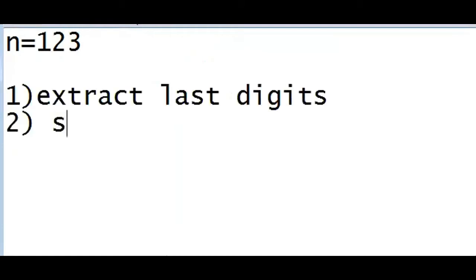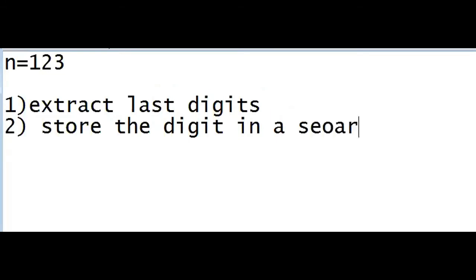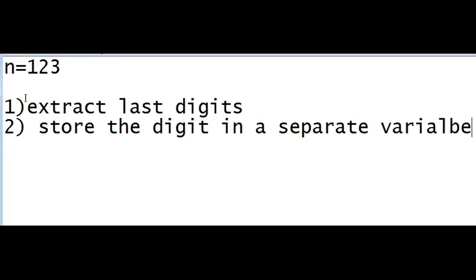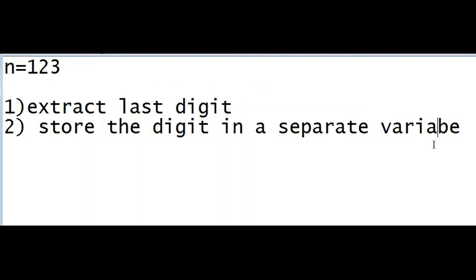Then we'll store the extracted digit in a separate variable. These are the steps that we'll be following. We'll extract the last digit, then we will store that digit in a separate variable. Then we will remove the last digit.